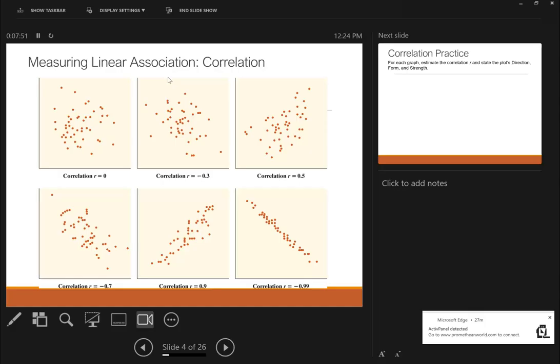If you're within 0.2 above or below whatever I think the actual R value is, that would probably be good enough. So you don't have to be dead on, but you shouldn't say it's negative 0.7 when really it's positive, or say it's 0.3 when it's really closer to 0.8. You should tell the difference between something like that. But if something is 0.5 or 0.7, that can be tough, so we give you a little bit of wiggle room there. Everybody's okay?